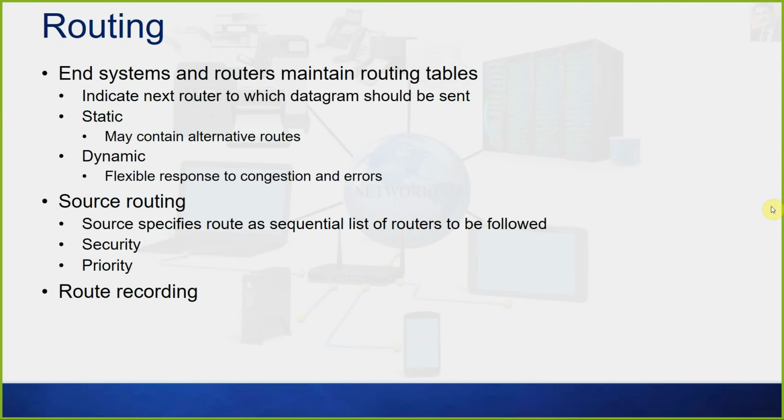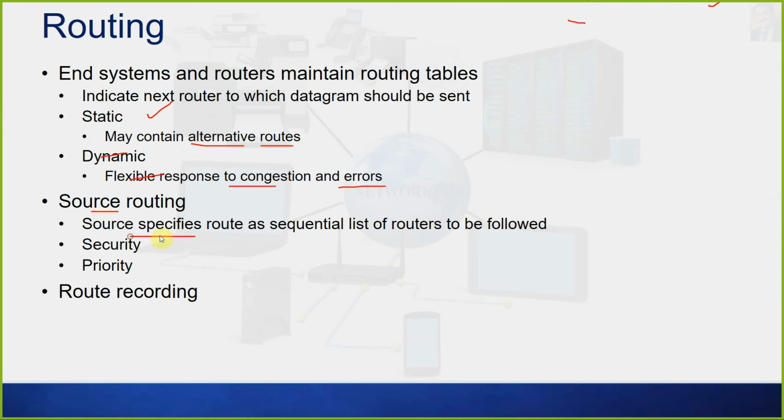End systems and routers maintain routing tables. They indicate the next hop to which datagrams should be sent. There are two types of routing: static routing and dynamic routing. Static may contain alternative routes. Dynamic is flexible, responding to congestion and errors.